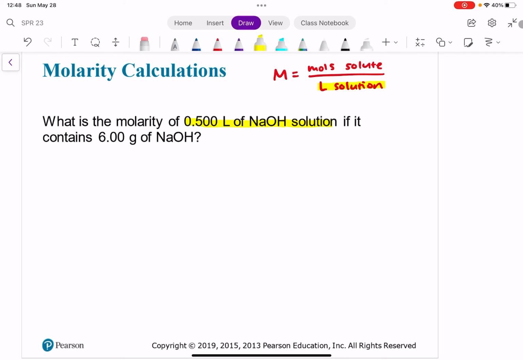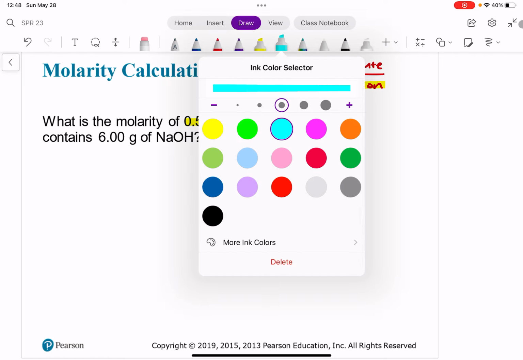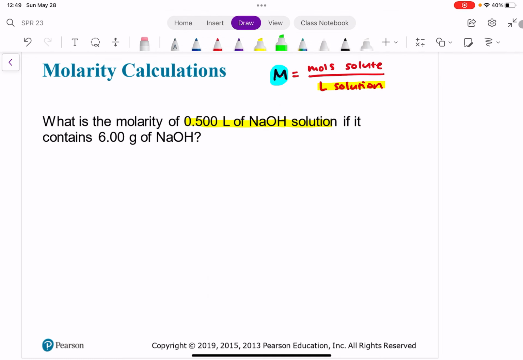We already have that denominator. We're looking for M, so we'll make that blue. We don't quite know moles of our solute, but we do know grams of our solute, so we can get to moles.